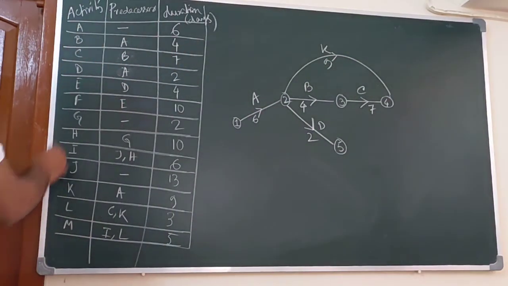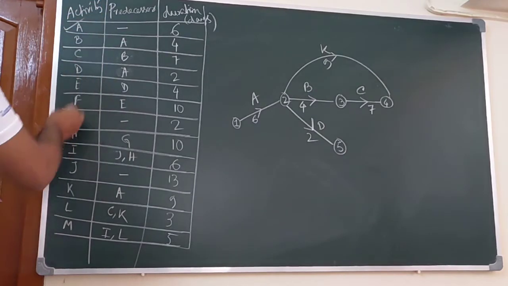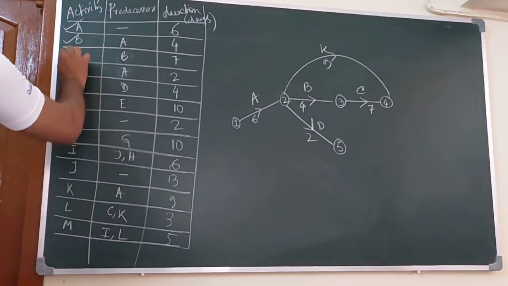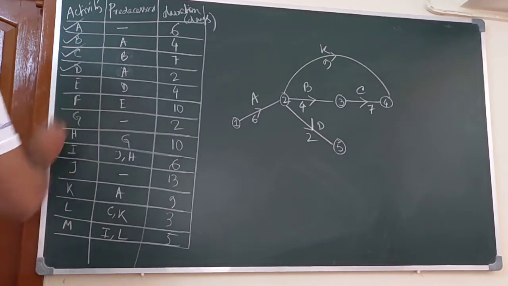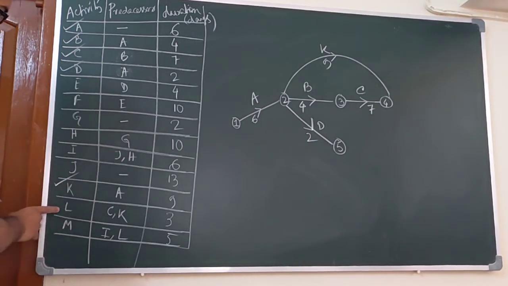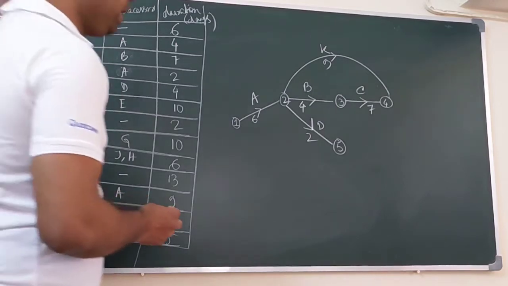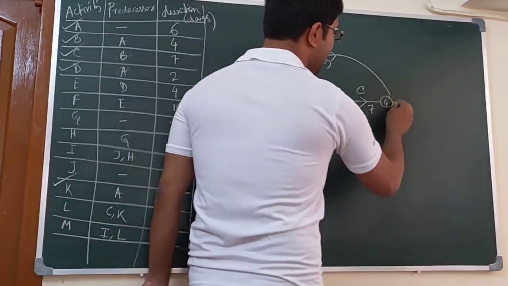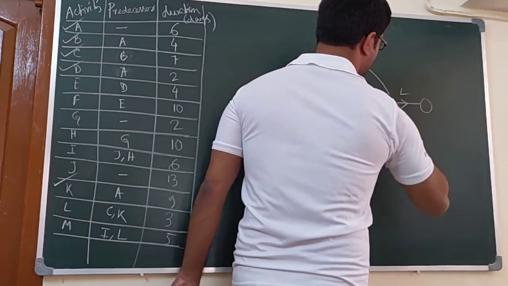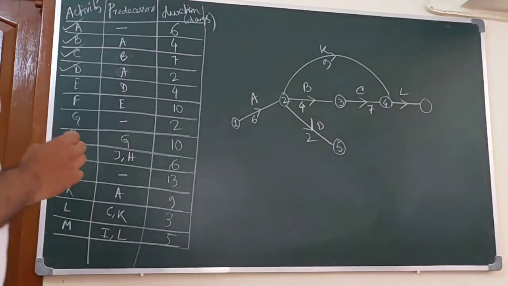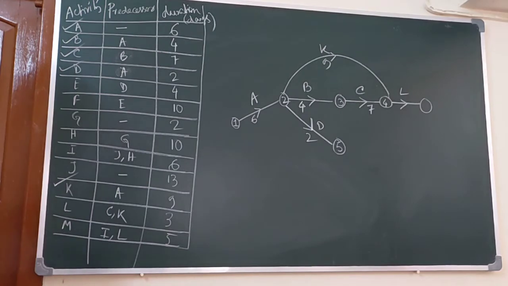So A complete, B complete, C, next D, K. L comes from both C and K.